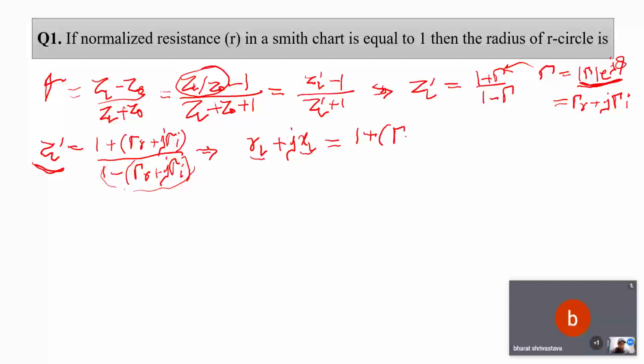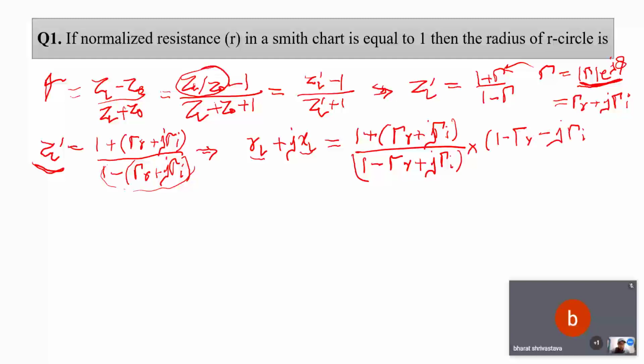So this becomes 1 plus gamma r plus j gamma I over 1 minus gamma r plus j gamma I, into 1 minus gamma r minus j gamma I over 1 minus gamma r minus j gamma I.